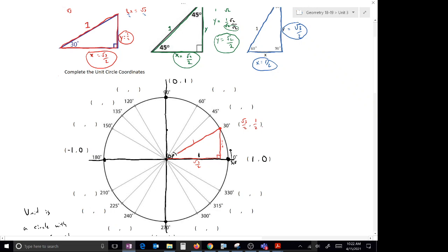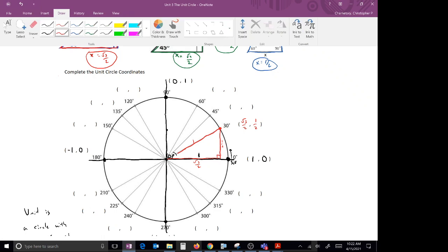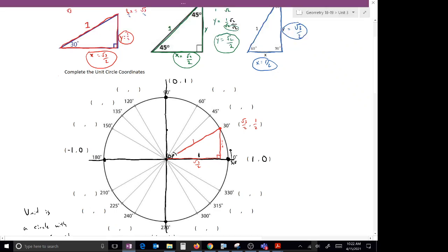We do the same thing with our green triangle here at 45 degrees.